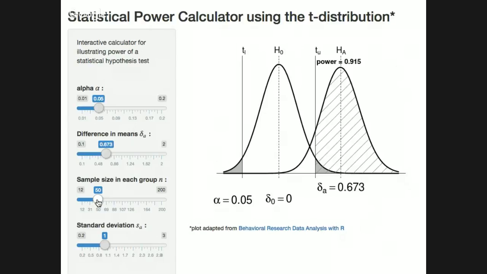It'll become narrower, right? Because what's the standard deviation of this sampling distribution? What's it called? There's a name for the standard deviation of a normal sampling distribution.